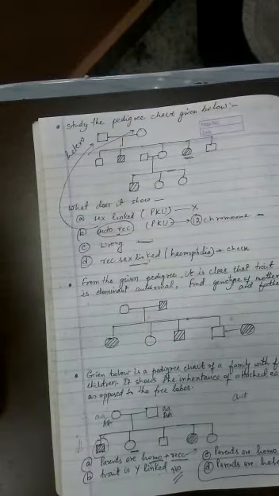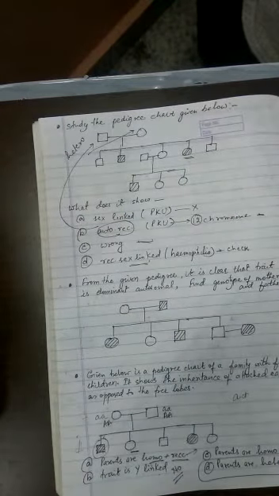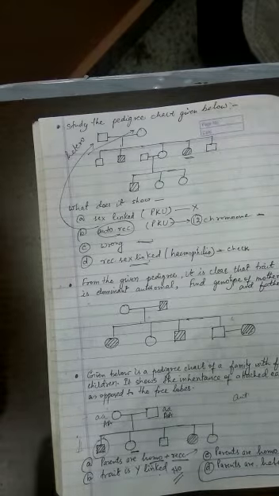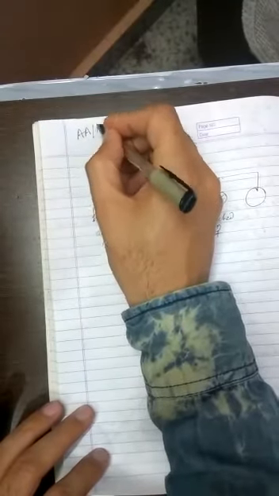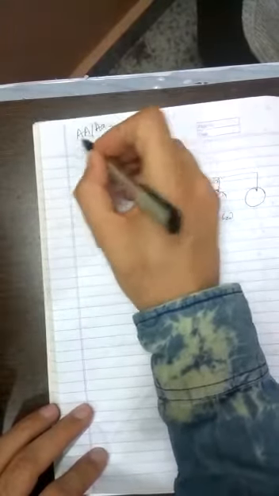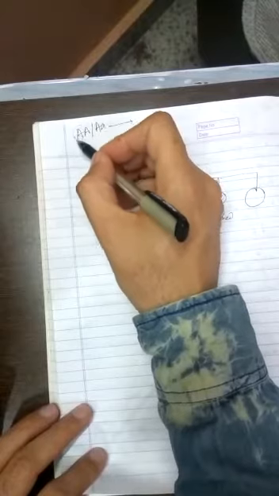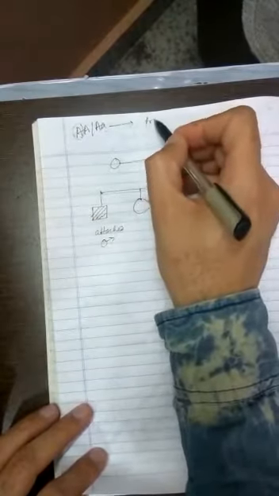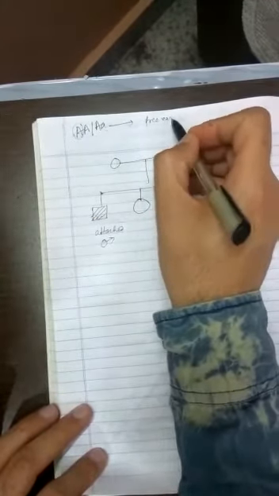Now the next option is, are these parents homozygous recessive, homozygous dominant, or are they heterozygous? Now let's understand a concept here, that capital A, small a, both of these genotypes are dominant. Remember, free earlobe is dominant, attached earlobe is recessive.